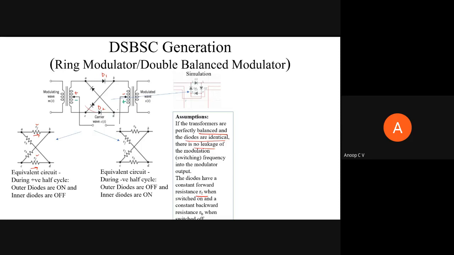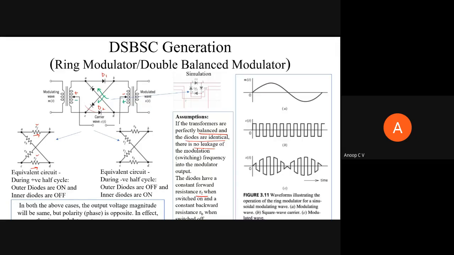So the current flow will be like this. So what we can conclude is that in either the positive half cycle or the negative half cycle, the output voltage magnitudes are the same, but the polarity is reversed, right? So this is how we can explain the working of a ring modulator. We have already seen the simulation, and at that time we explained the working. But now once again, you can just see this.